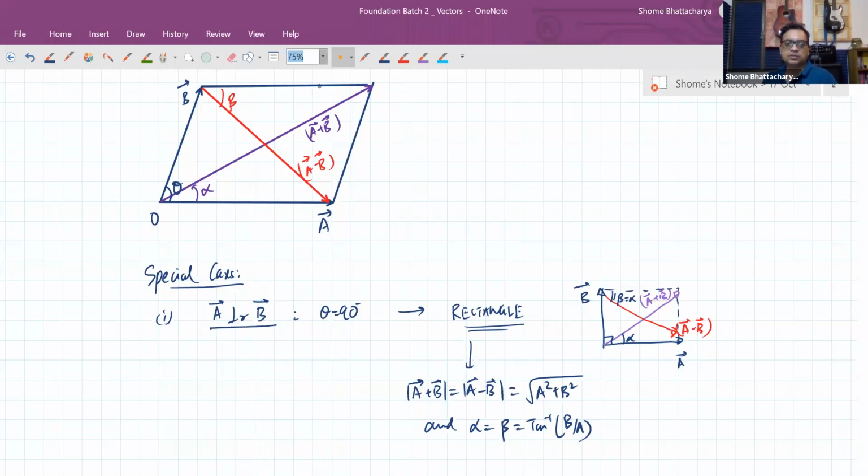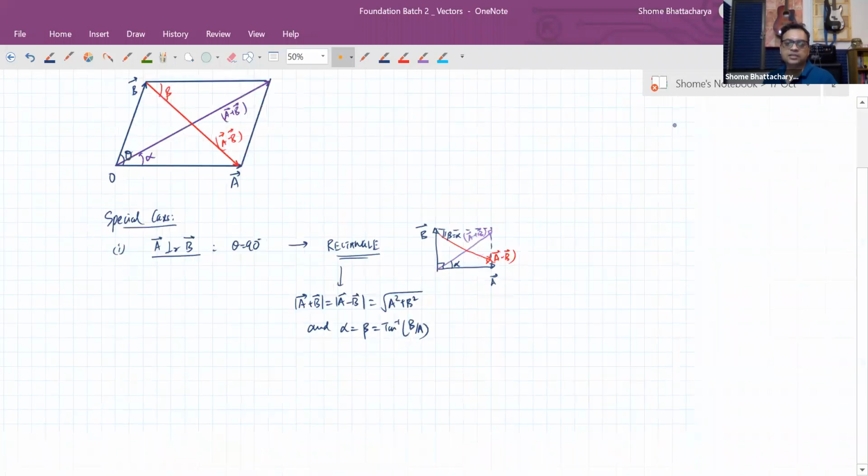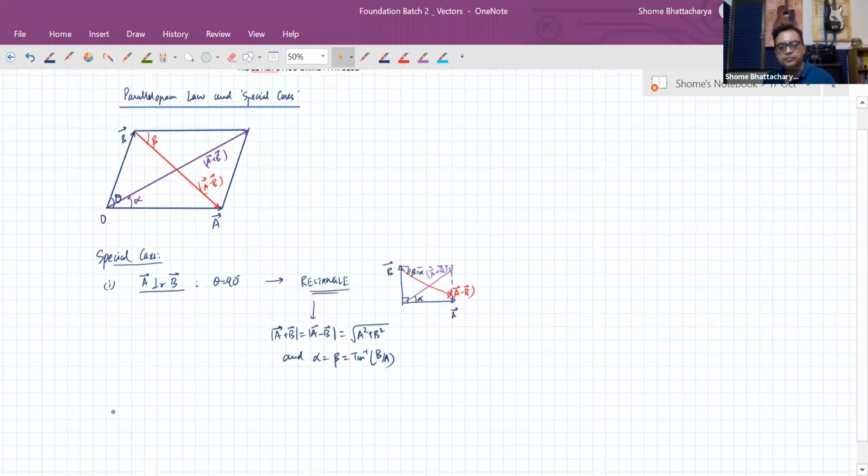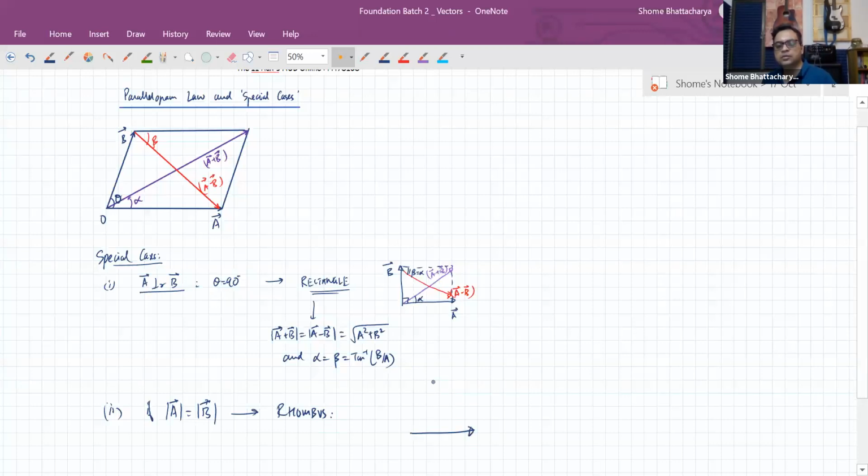Now similarly, another important special case that we had discussed was the case of the rhombus. So if magnitude of A is equal to magnitude of B, in that case we get a rhombus. And geometrically the properties are that the diagonals bisect each other perpendicularly.